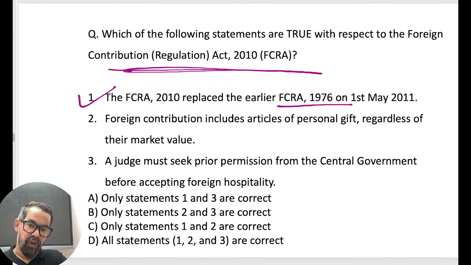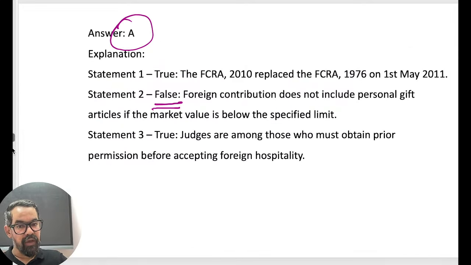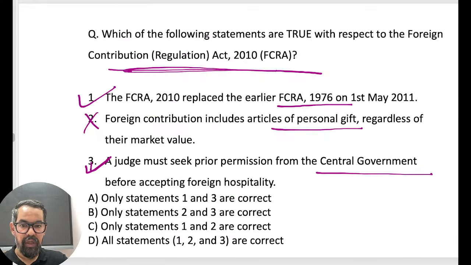Second statement, foreign contribution includes articles of personal effect. No, it does not include these. A judge must seek prior permission from the central government before accepting foreign hospitality. Yes, true. This is again a very important subtopic. Please do take care about this. 1 and 3, so A is the right answer.